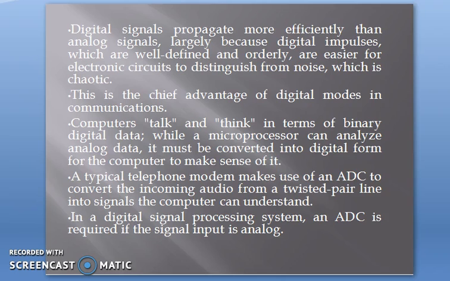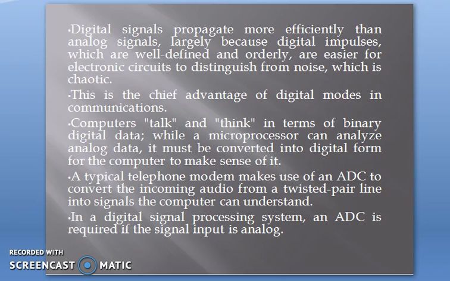The chief advantage of digital modes in communication is that noise can be easily distinguished, since digital impulses are well defined and ordered. Computers talk and think in terms of binary digital data, while a microprocessor can analyze analog data. So it must be converted into digital form for the computer to make sense of it.